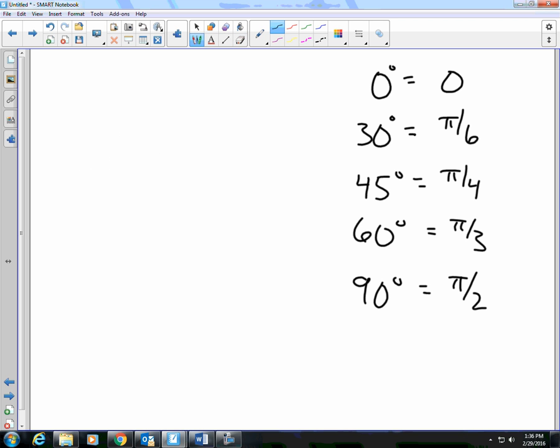You want another one? What's this? 330. Which is the biggest one here that divides evenly into 330? 30. How many times does 30 go in? 11 pi over 6. You see it?